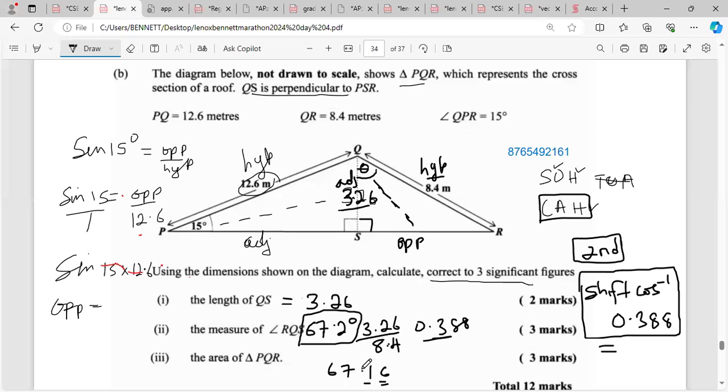Remember, it's 3 significant figures, so you add 1 because the 6 is greater than 5, so the 1 becomes 2. So she's correct. Good job.